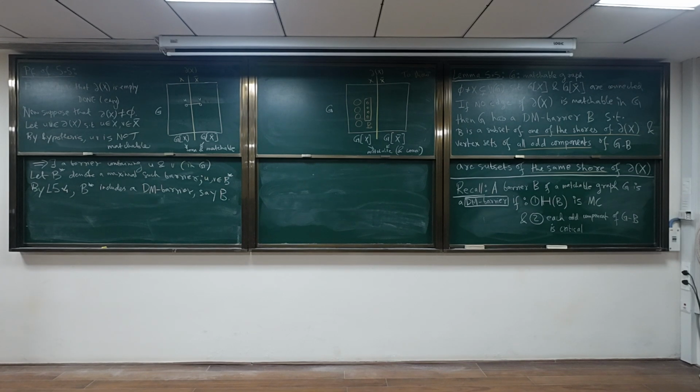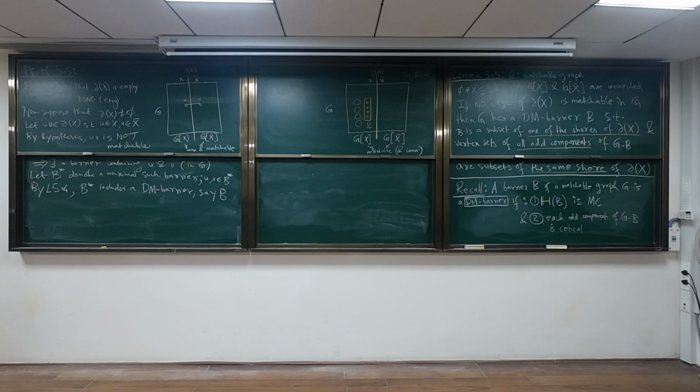We will first show that every odd component, its vertex set, either completely lives on the X side or it completely lives on the X bar side. That is what we will first show. And that actually turns out to be very useful. In fact, let's suppose that happens. Can we finish the proof from there?